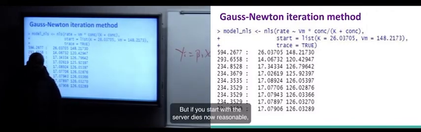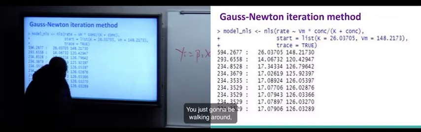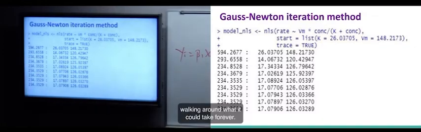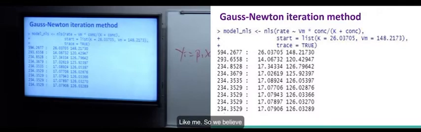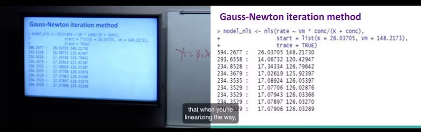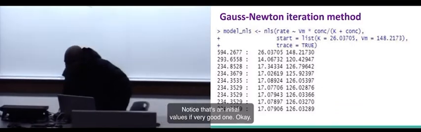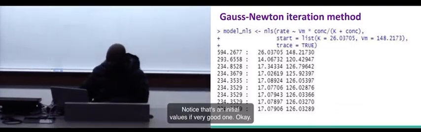But if you start with an initial value that is not reasonable, you're just going to be walking around. It could take forever. You get what I mean? We believe that when you linearize in this way, you'll be able to get the starting initial values, a very good one.